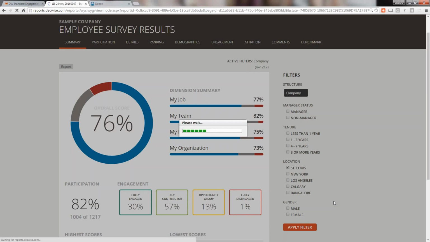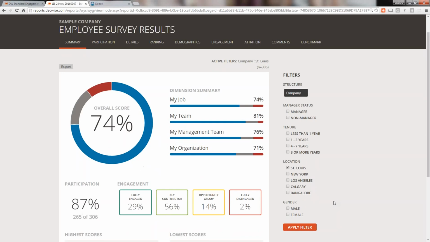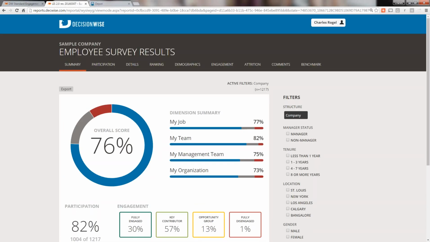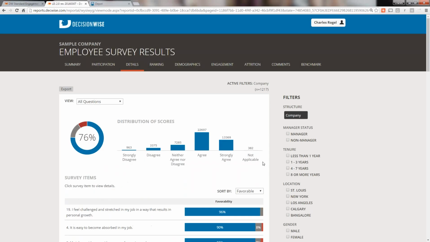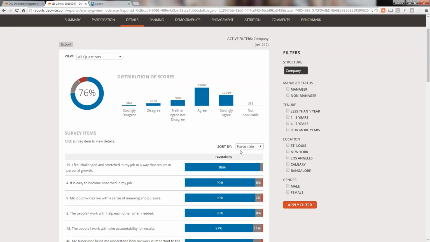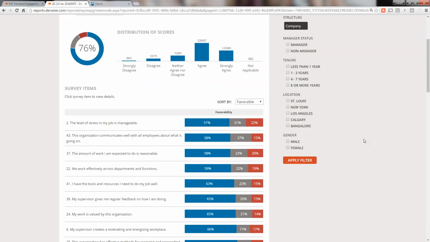It's less just about, okay, overall we got a low score on top-down communication, but you can drill in and understand where specifically things might be working around top-down communication or where things might not be working. In fact, in some organizations you see a whole lot of difference based on locations, things that stand out as being more of a challenge or more of a strength in that location.